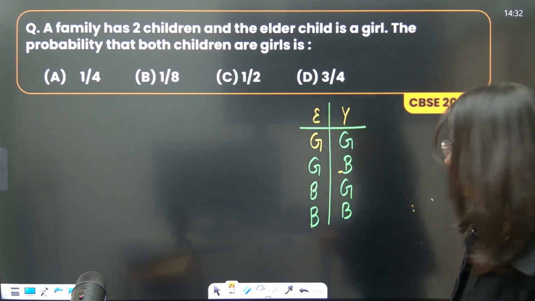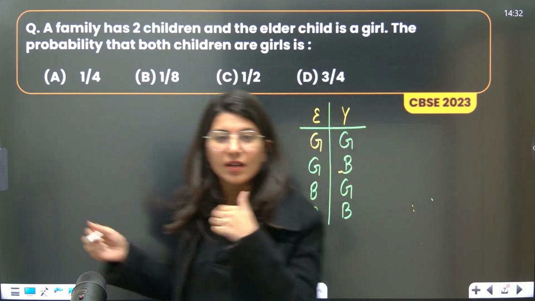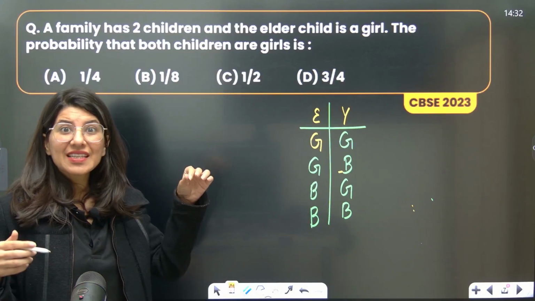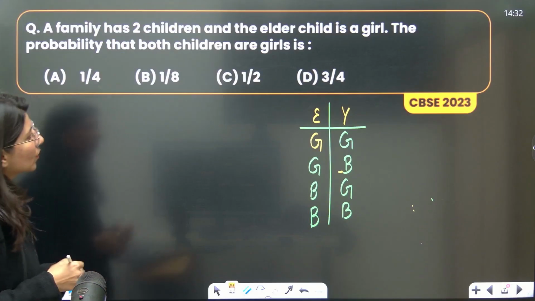No, it's correct only. So yes, I was just checking the validity of the question. Sometimes they say at least also, but this is the correct one.